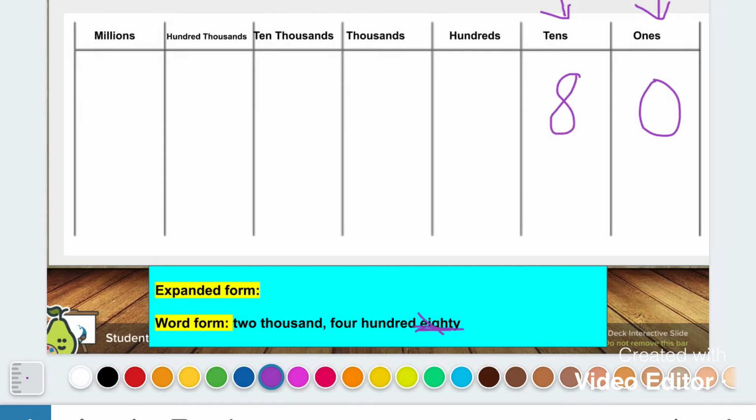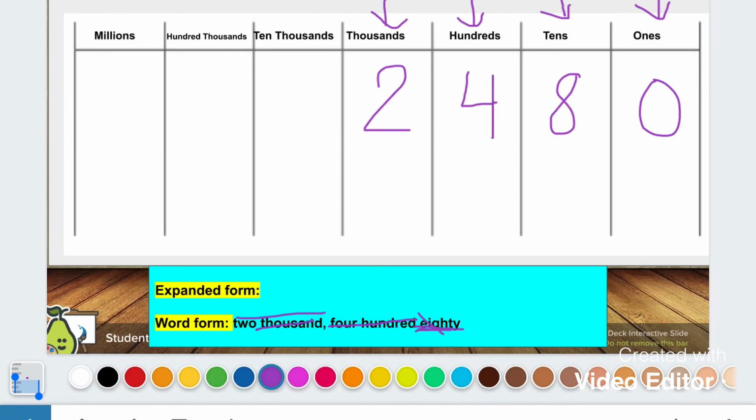Now I'm on the next part, 400. How many hundreds do I have? Yeah, 4 of them. Now let's move to the thousands. How many thousands do I have? That's right, 2 of them.